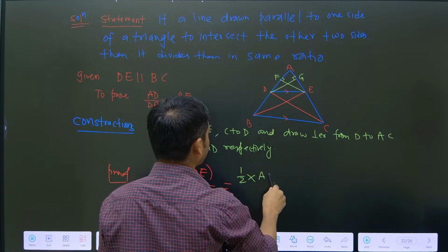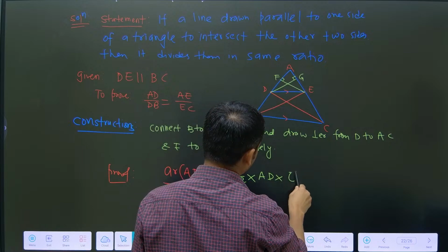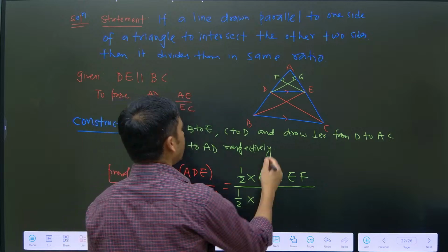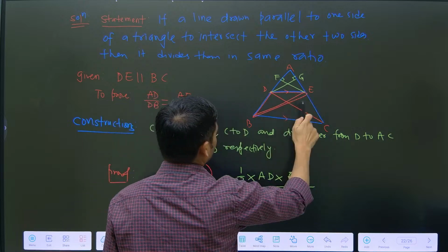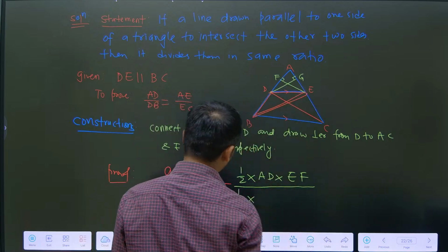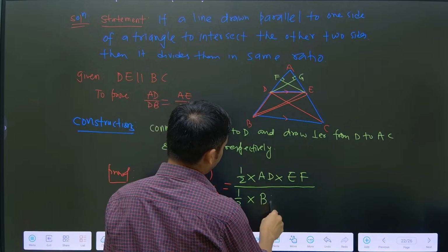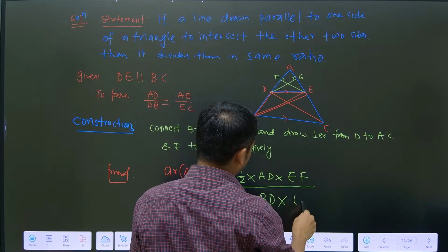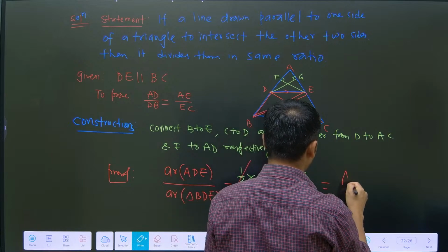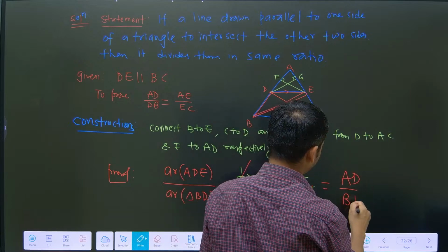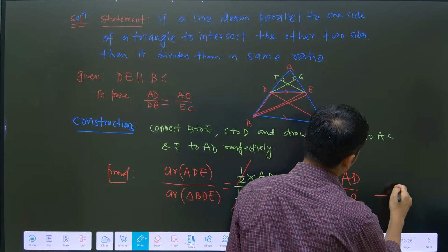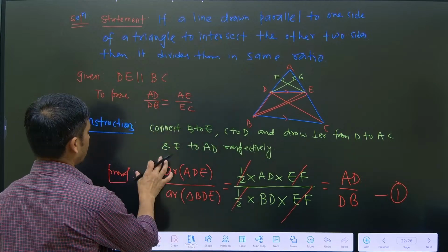So if AD is the base, can I say height has to be EF, upon half area of triangle BDE. This one we are talking about this time. So can I say if I take this as the base, height has to be this. That's why I explained that earlier. Half into base BD into height EF. Cancel, cancel. We got AD upon BD, or DB, you can say. That's the first part. In fact, half of the proof is this only.